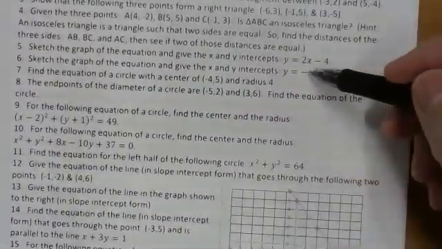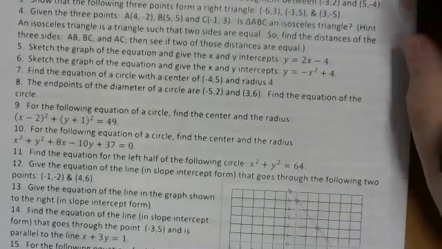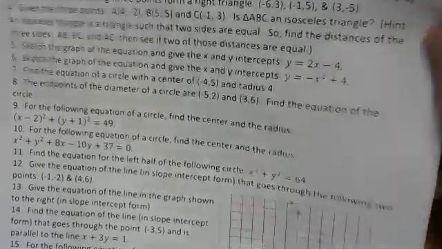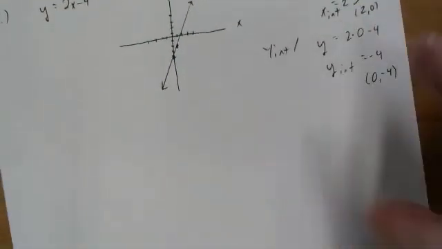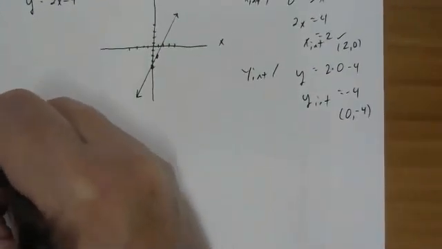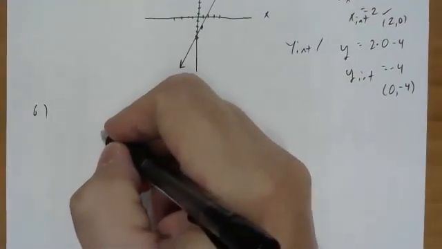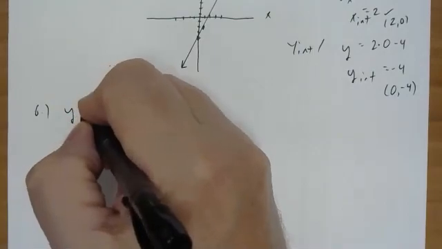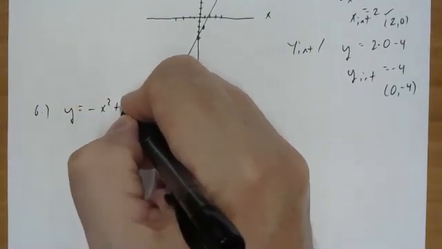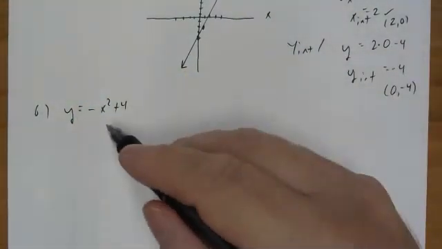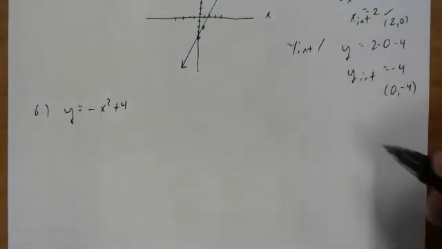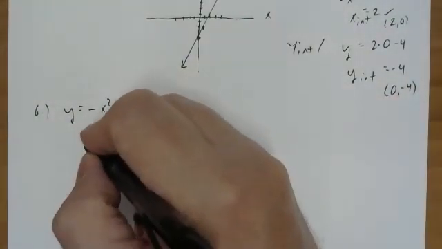Number 6. Oh, same thing, just a different equation. y equals -x² plus 4. Now I know this is going to be a parabola, but I'm not quite sure about all of it.